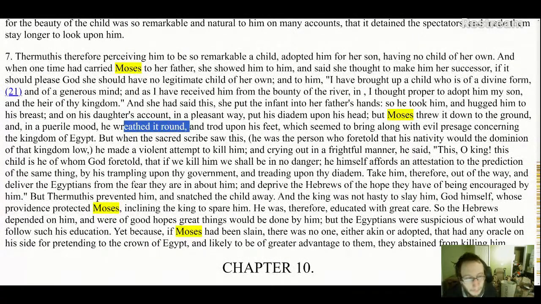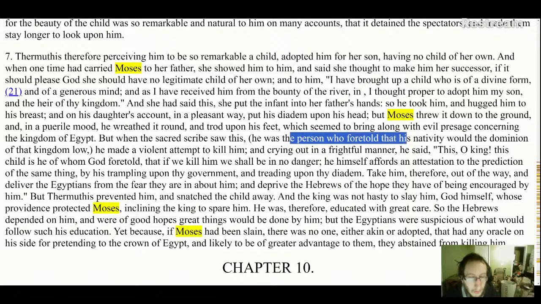And then when the scribe saw this, and by the way, Josephus also says that one of the Egyptians saw that the nativity of a future child would bring the dominion of their kingdom low.